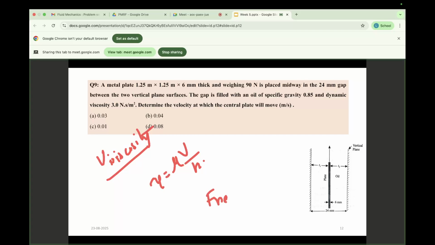Whatever should be the F net, there should be equal to F viscous. Therefore F viscous equal to F net.